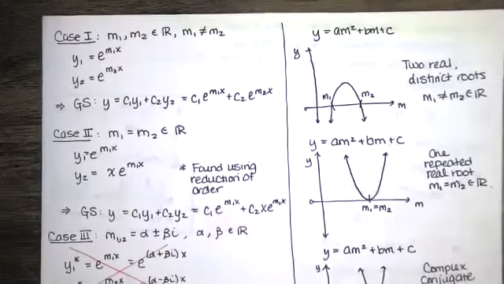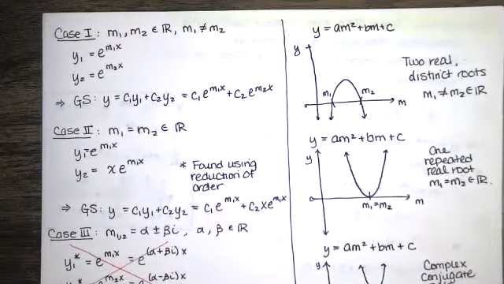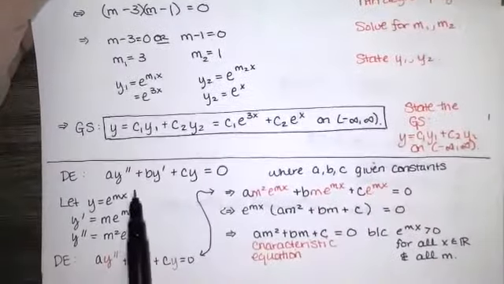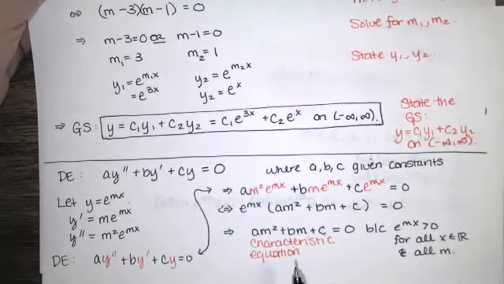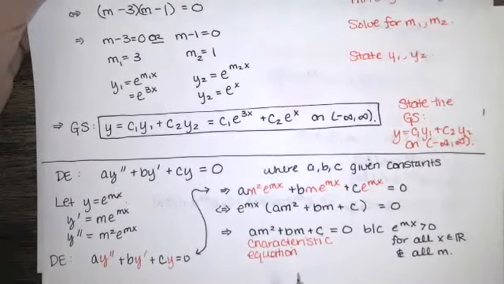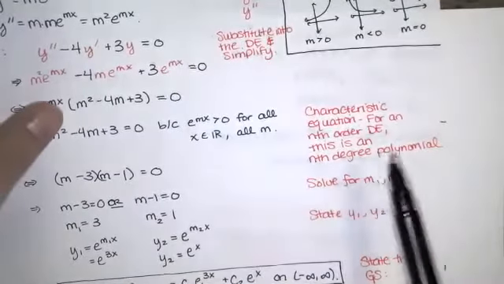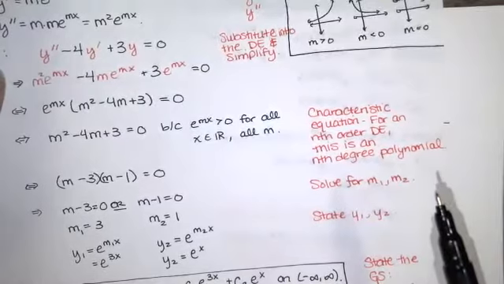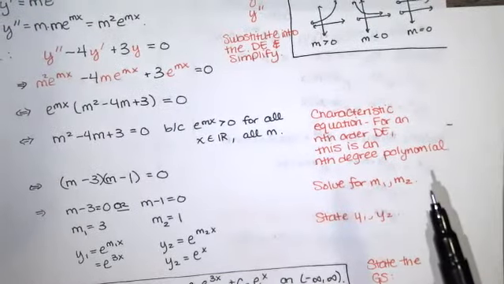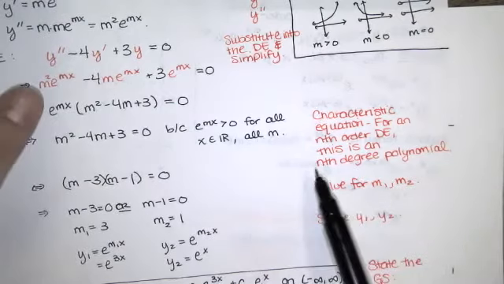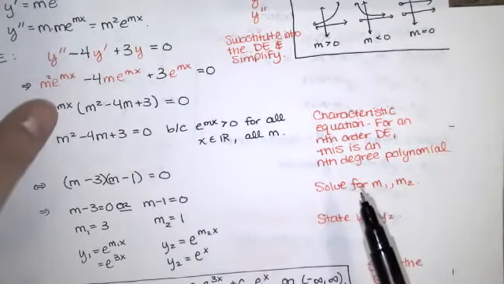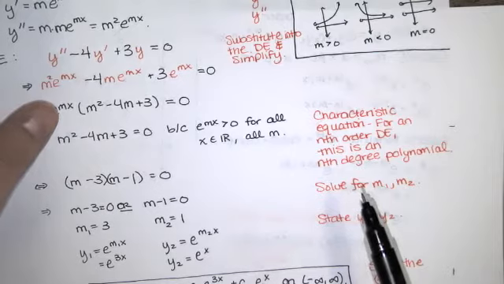Now, these are the possibilities for second order differential equations. Remember, with a second order differential equation, you end up with a second degree polynomial equation to solve for m1 and m2. In general, when you have an nth order ordinary differential equation, you're going to have an nth degree polynomial. So instead of solving for m1 and m2, you're going to solve for m1, m2, m3, all the way up to m sub n, because you're going to have n solutions.